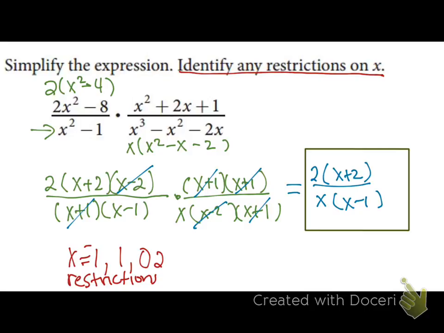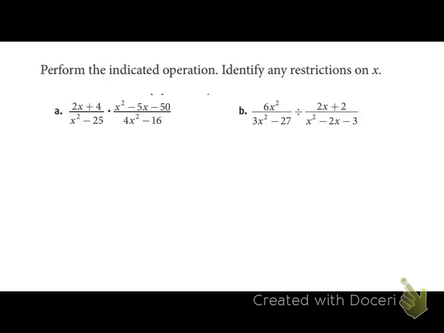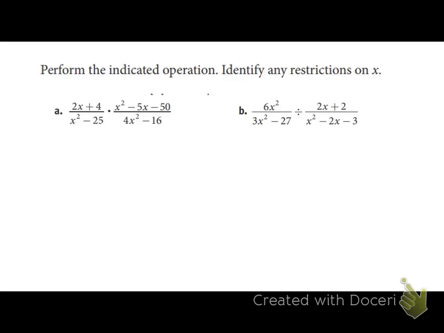Next to the numerator. So this one, I'm going to do one little extra step. After you canceled out, you were left with a 2 up here times x minus 10, and then down here you were left with the 4 times the x minus 5 and the x minus 2.